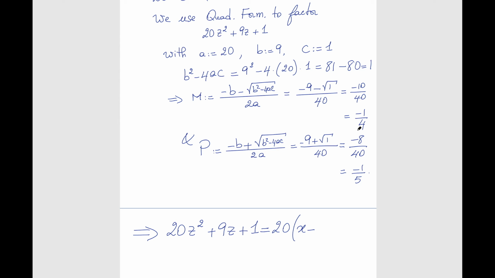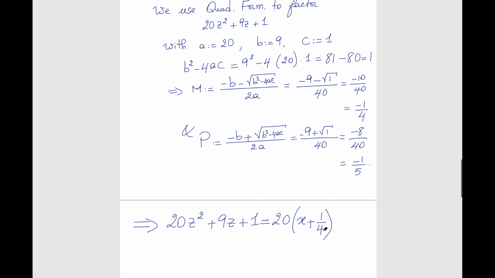Minus 1 over 4. So x minus m, but m is minus 1 over 4, so that's minus the minus is plus 1 over 4, right? One more time. X minus m, that's the formula. X minus m, but m is negative 1 over 4, so it becomes x minus the minus 1 over 4, so it becomes x plus 1 over 4.